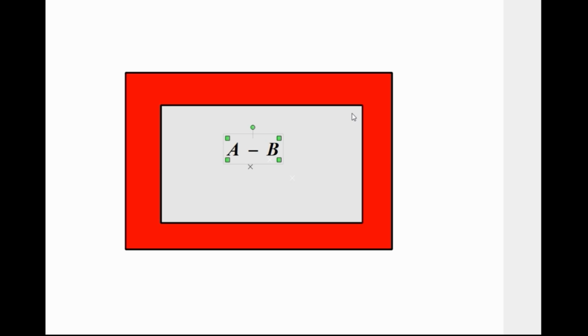I'm just showing you the ideas behind the process. This is called area by difference. If you want to work out the red part, you have the area of the whole thing, remove from that the area of the inner part. They would have to give you the dimensions where you could work out those.